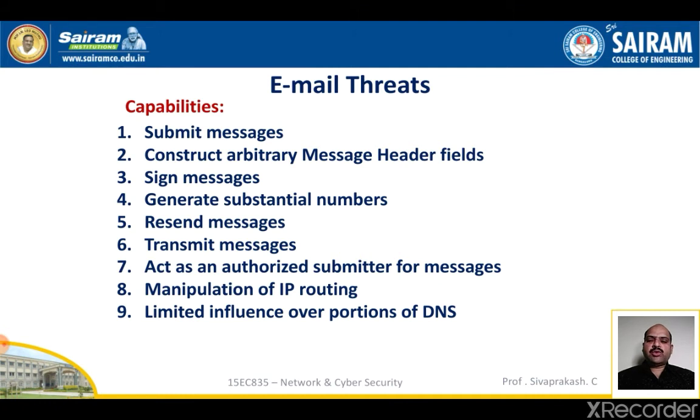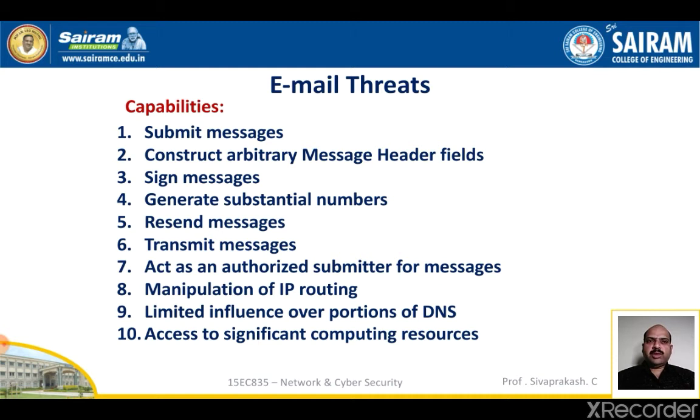Limited influence over portions of DNS, using mechanisms such as cache poisoning. This might be used to influence message routing or to falsify advertisements of DNS-based key or signing practices. Access to significant computing resources, for example, through the conscription of worm-infected zombie computers.